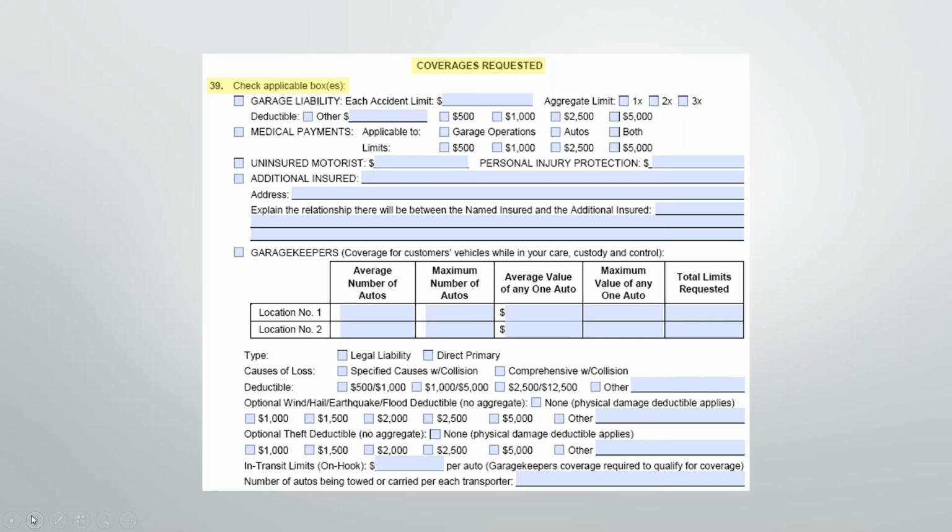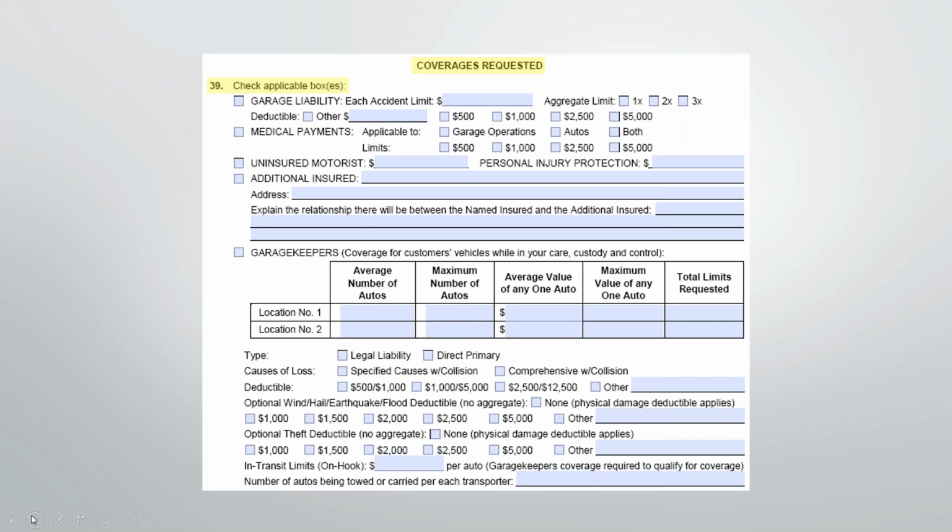Again, that is not going to have as many perils covered as the comprehensive with collision. That's kind of similar to your personal lines auto policies. And the in-transit limit on hook coverage, that's going to apply when they're doing any type of towing. I just need to know the per auto limit and how many vehicles are being towed at one time.